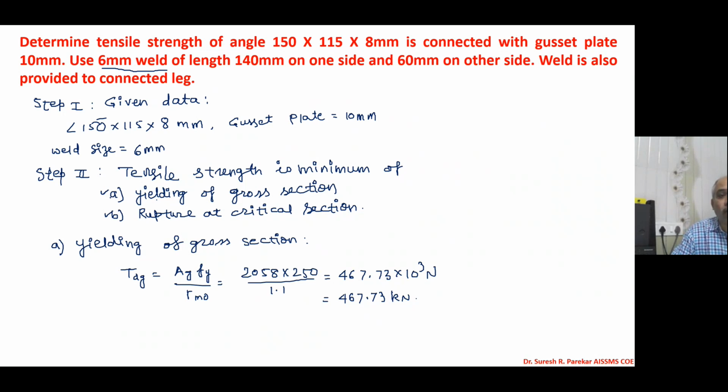Generally, tensile strength of a welded connection is not considered by block shear, and therefore you have to go for A and B only.